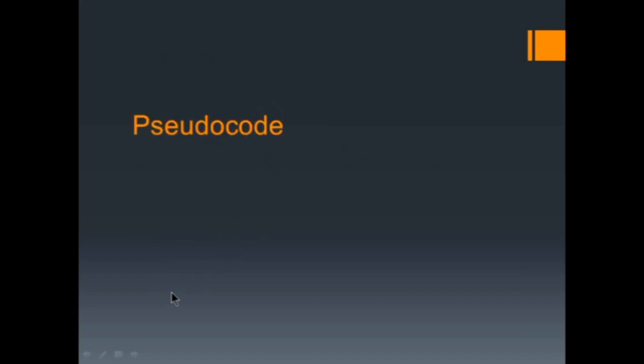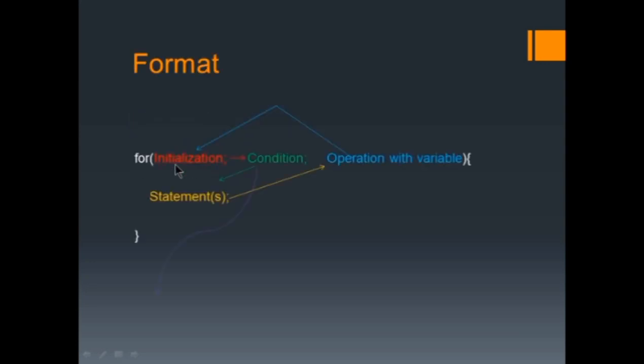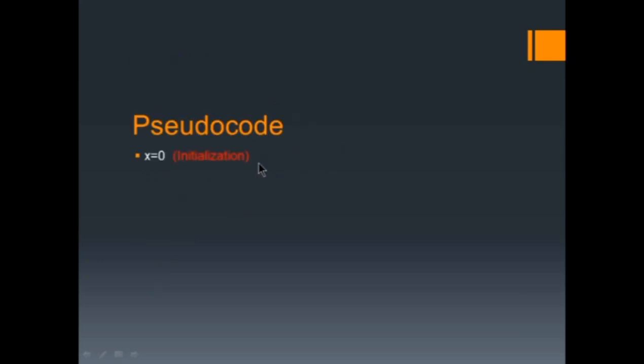Let's make it easier with some pseudocode. Here we start from initialization. Let's say we are initializing the x value with 0, and then condition checking happens here. We had a condition: if x is less than 2.